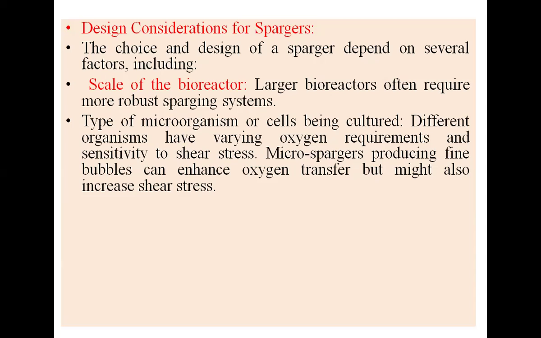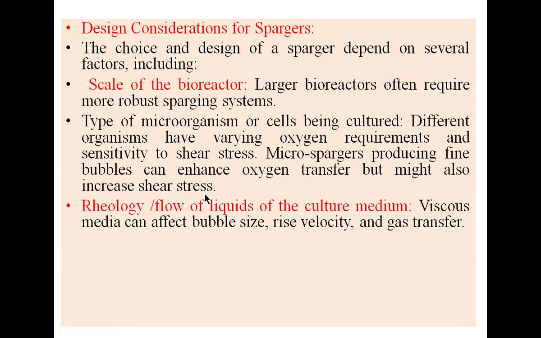Based on that, one can decide about the design of the impellers and also the spargers. Different organisms have varying oxygen requirements and sensitivity to shear stress. Microspargers producing fine bubbles can enhance oxygen transfer but might also increase shear stress.